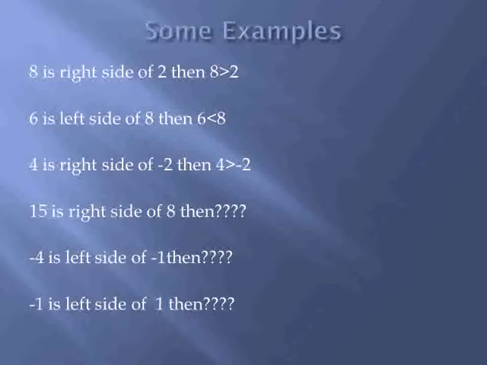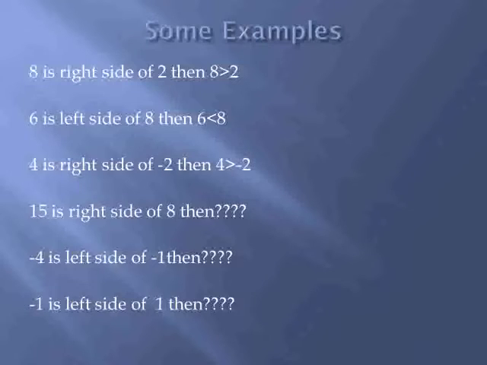These are some examples. 8 is on the right side of 2. This means 8 is the larger one, so 8 is greater than 2 because it is on the right side.